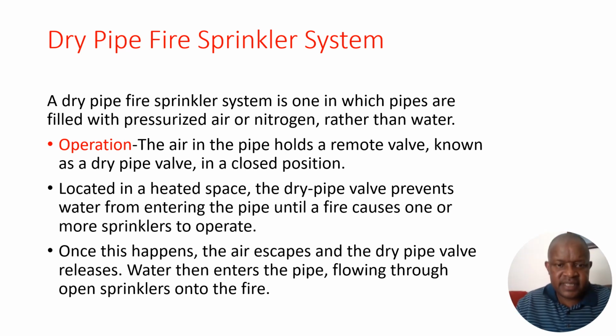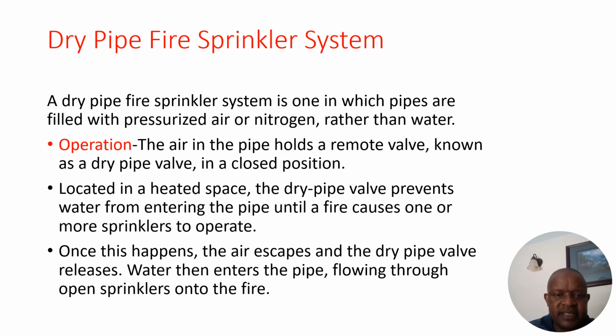Once this happens, the air escapes and the dry pipe valve releases water. Water then enters the pipe, flowing through open sprinklers onto the fire. So we see that this type of sprinkler system is usually located in a heated space.